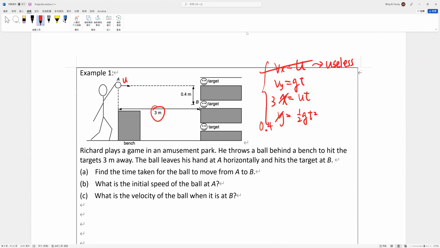Then we just solve these equations. Which equation will you start to solve first? Abhijit, which one will you start first?